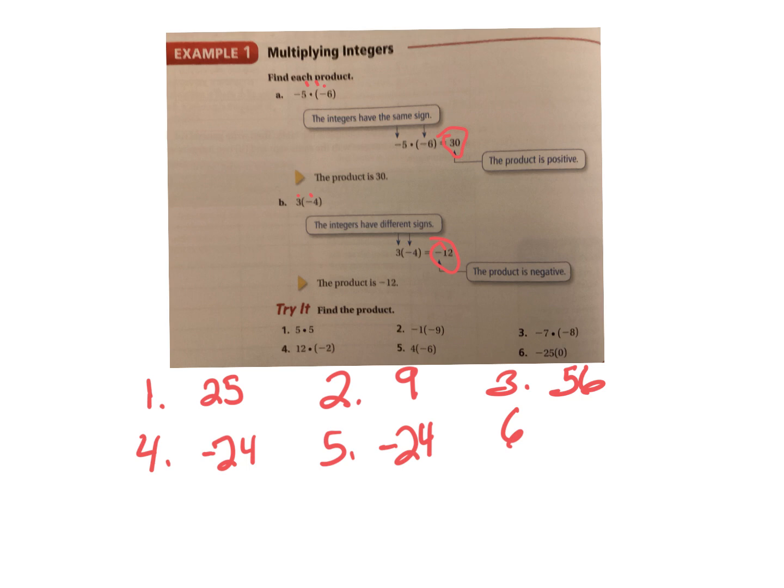And then 6 is negative 25 times 0. Now, it doesn't matter if it's a negative or a positive. Anything times 0 is always 0. Okay?